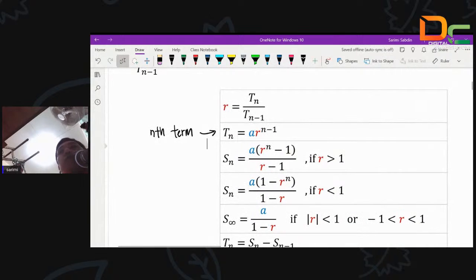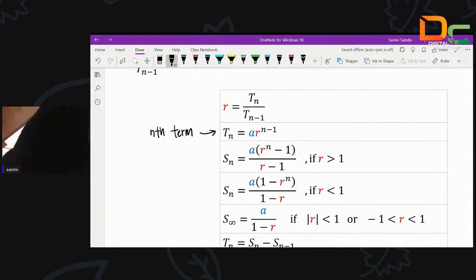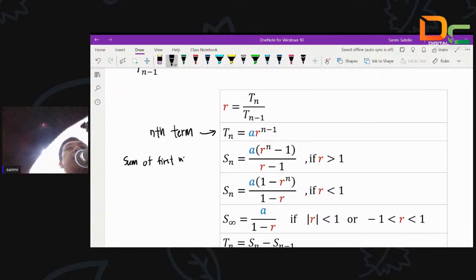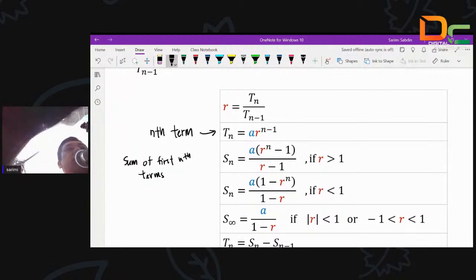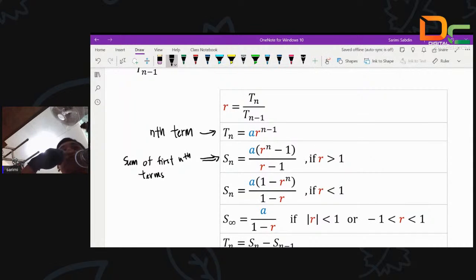Alright, and the same with the arithmetic, we also have the formula for the sum of the first n terms, or in short, we call it Sn. For geometric progression, we have two types of Sn. The first one is when R is greater than 1.